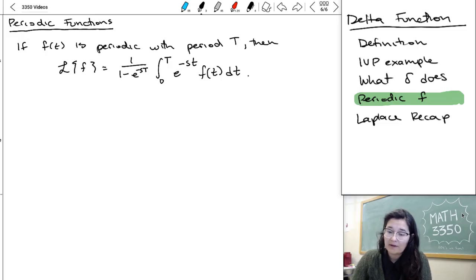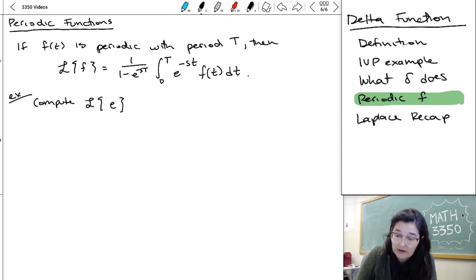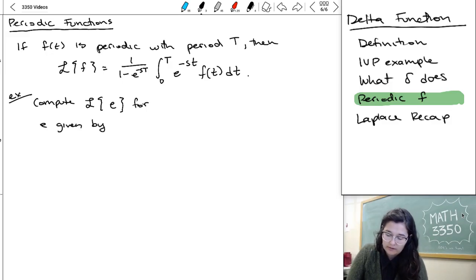So we're going to go ahead and experience it through an example. We're going to compute L of a function little e, for e given by this graph.